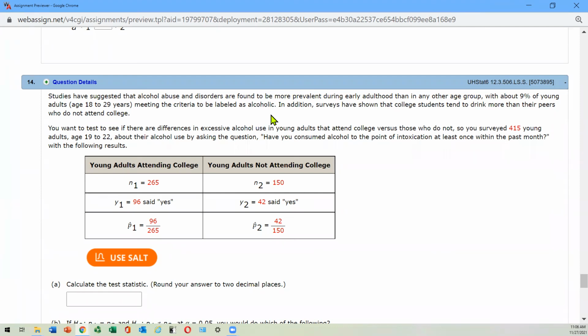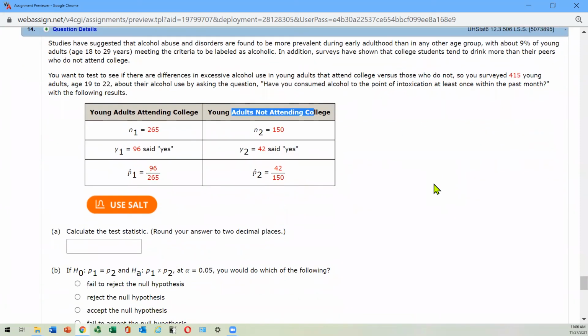We want to test to see if there's any difference in excessive alcohol use in young adults who attend college and those who do not. The question they asked was, have you consumed alcohol to a point of being drunk in the past month? So all the information that we want is essentially here.